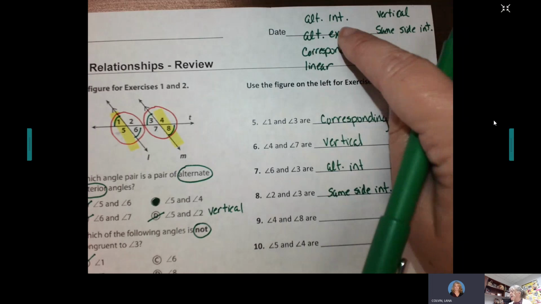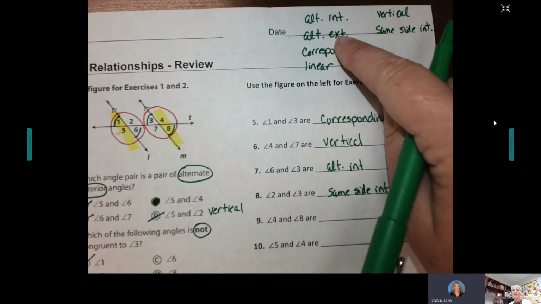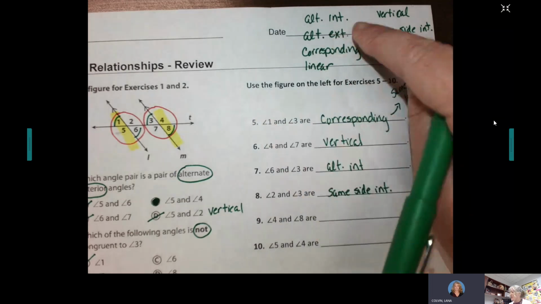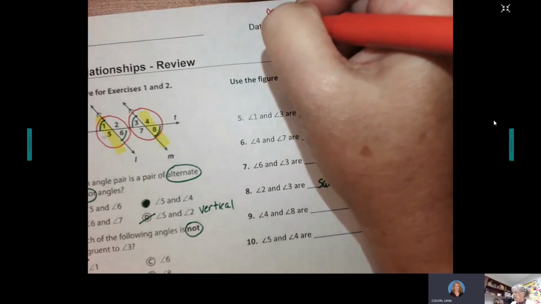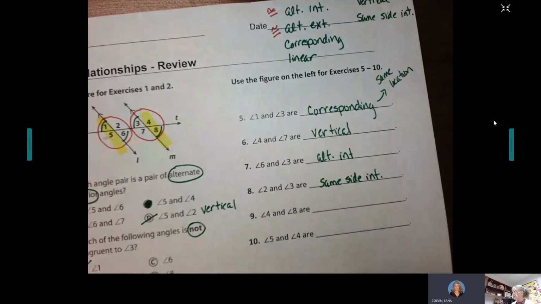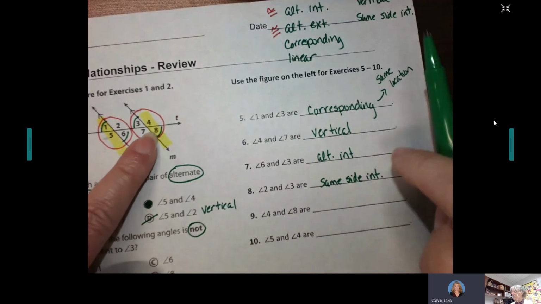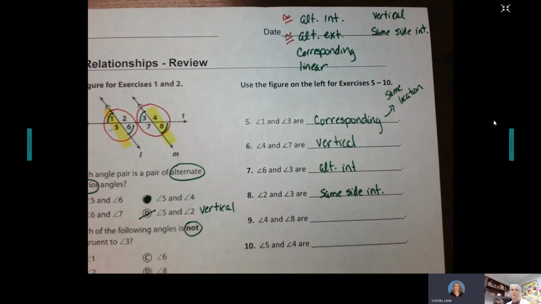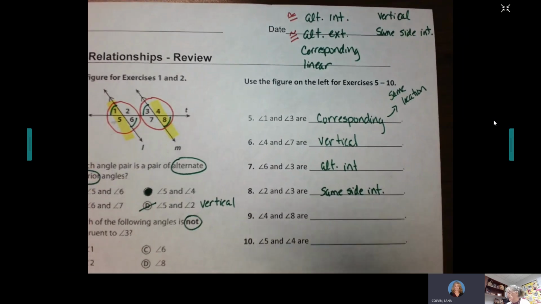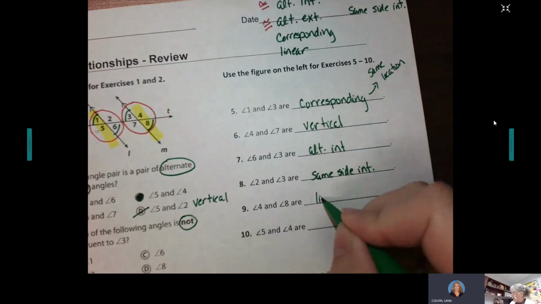Let me explain why it's not exterior. Alternate interior and alternate exterior angles have to be congruent to each other. 4 and 8 obviously aren't congruent, so they're not alternate. 4 and 8 are a linear pair.